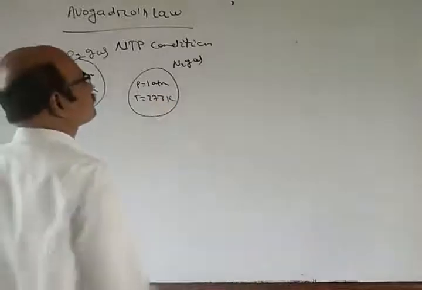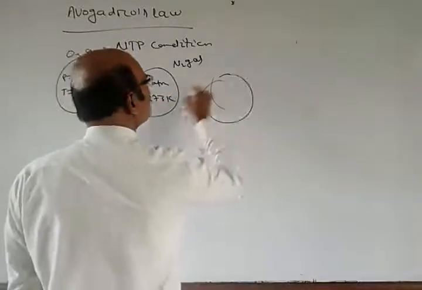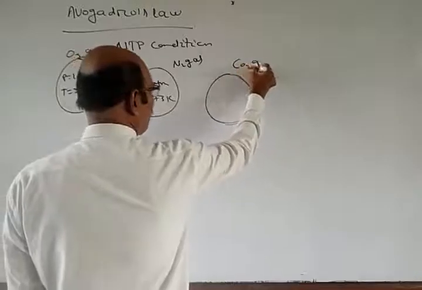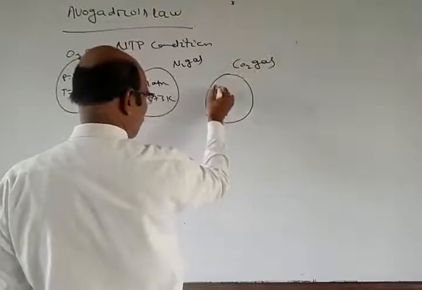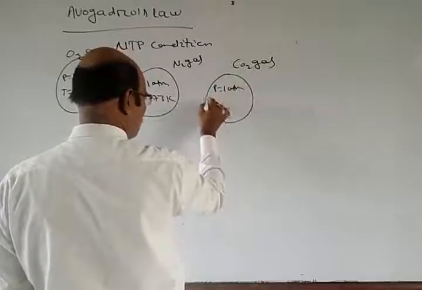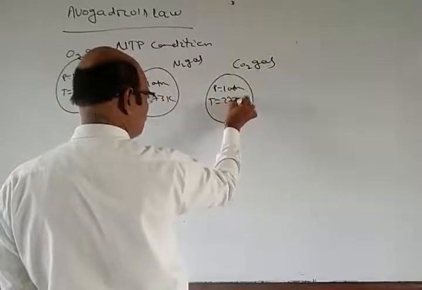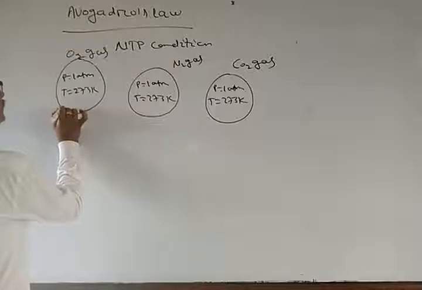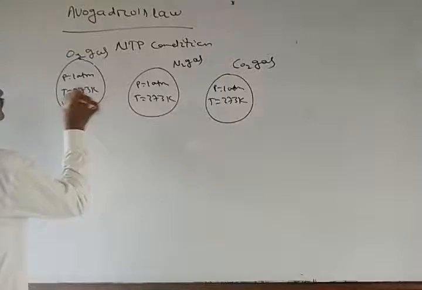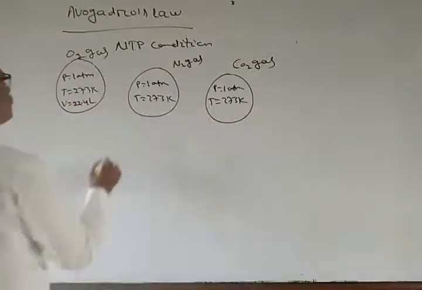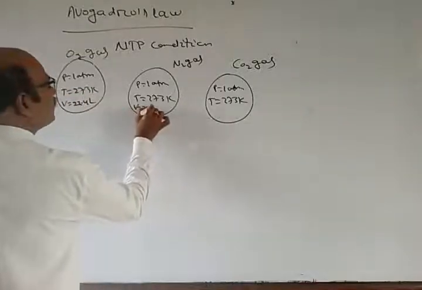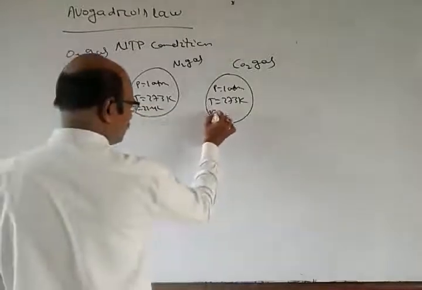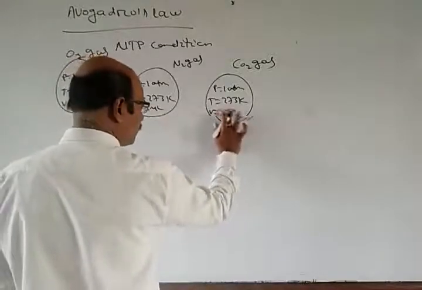Again here suppose CO2 gas, pressure P 1 atmosphere, temperature T 273 Kelvin. Now suppose the volume V is 22.4 liter. Volume V is 22.4 liter.